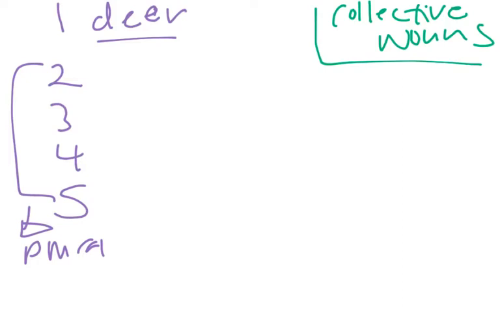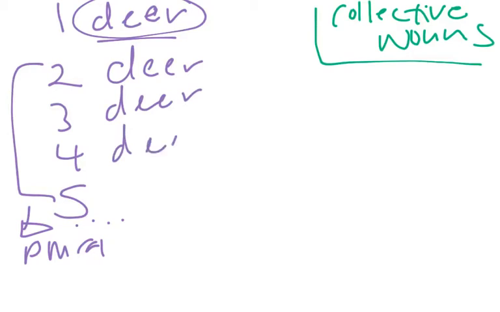A regular aspect of this would be that we keep the word the same, no matter how many numbers we add onto this. For example, we would say 2 deer, 3 deer, 4 deer, 5 deer. I'm repeating the same thing.